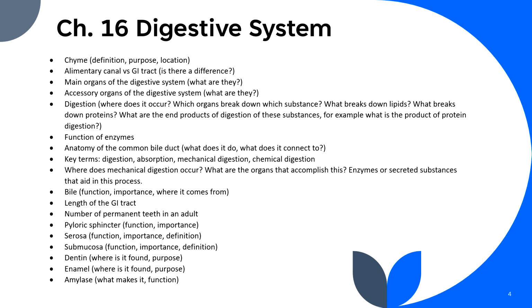Complex foods need to be taken into the GI tract when we ingest them. Then our ingested material is broken down into simpler nutrients via the process of digestion. This breakdown or digestion of food is mechanical and chemical in nature. It occurs throughout our digestive tract or throughout our GI system.